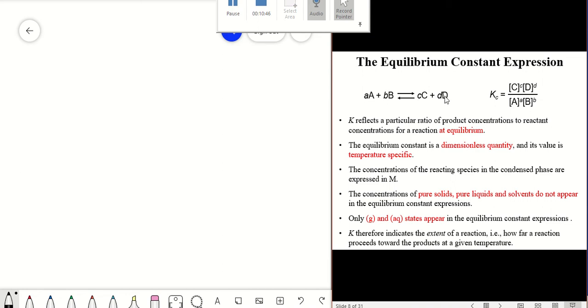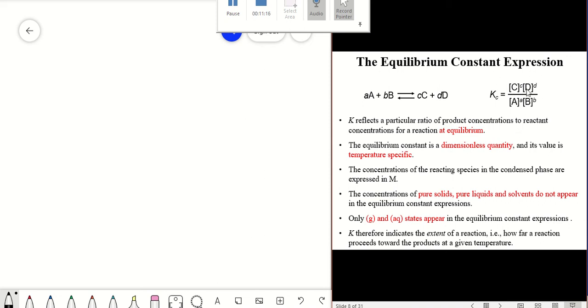So in this case, we have two products, so it's concentration of C to the power of c times, this is not plus, remember it's times, concentration of D to the power of d divided by concentration of A to the power a and concentration of B to the power b, right? So product concentrations multiplied over reactant concentrations multiplied to each other. Okay, so this is called the expression for the equilibrium constant.